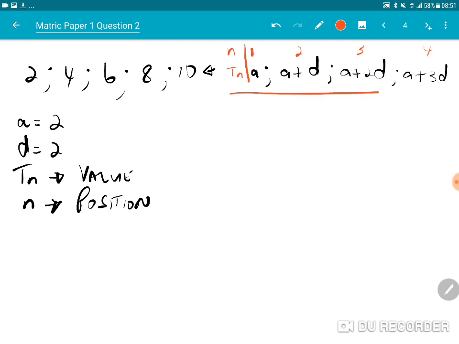Now this is very important to know as well, because sometimes the value of the second term or the fourth term isn't given, and then we would need to use this in order to determine the value of the term.